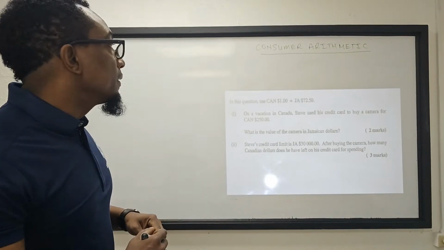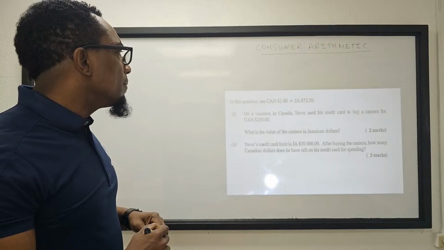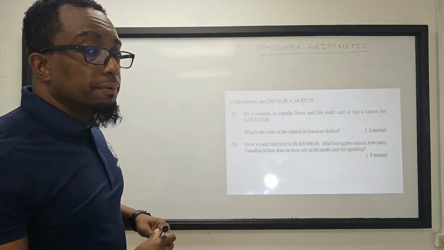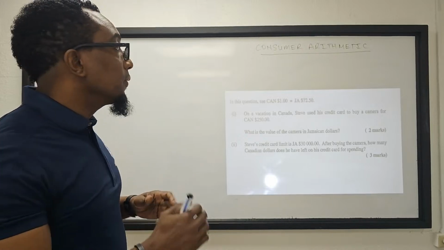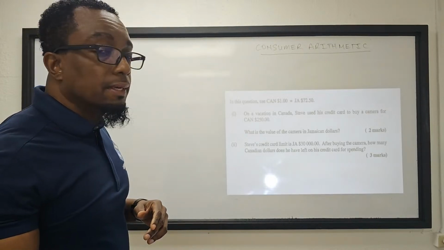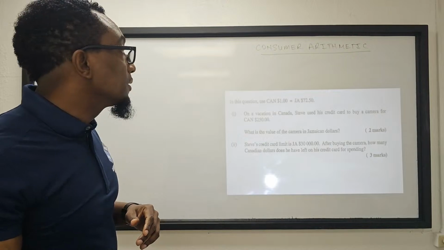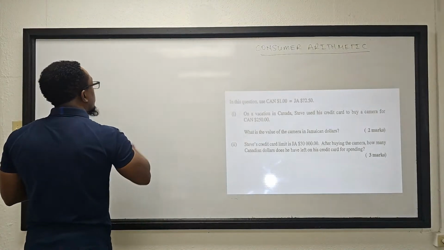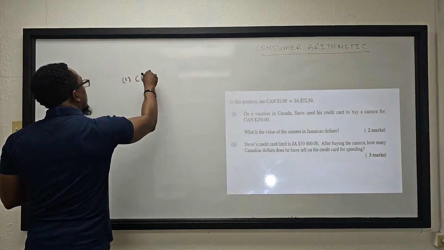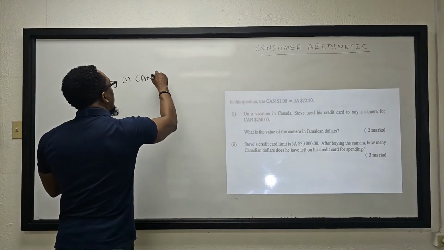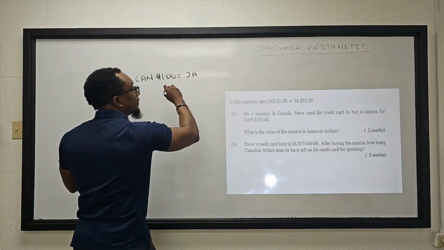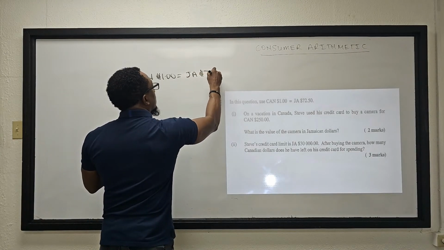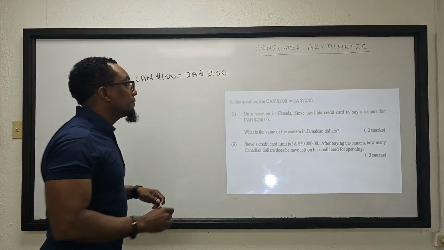So if we have to determine what is 250 Canadian in Jamaican dollars, again using our exchange rate, what we have to convert to is on the right of the relationship. So this will be Canadian $1 is equal to Jamaican $72.50.